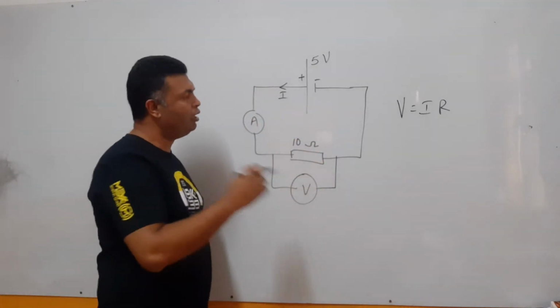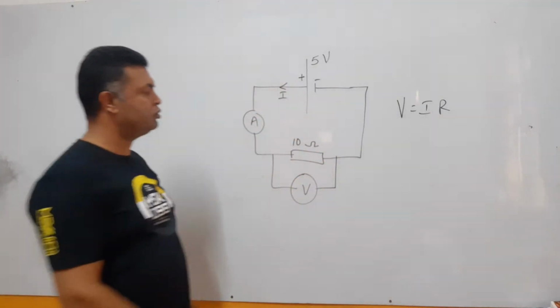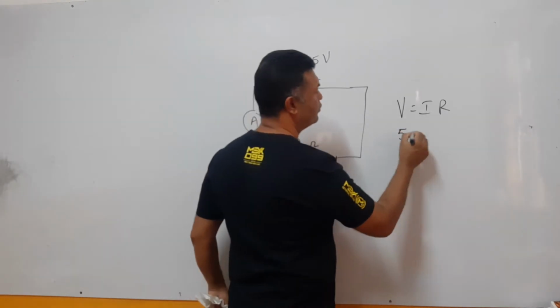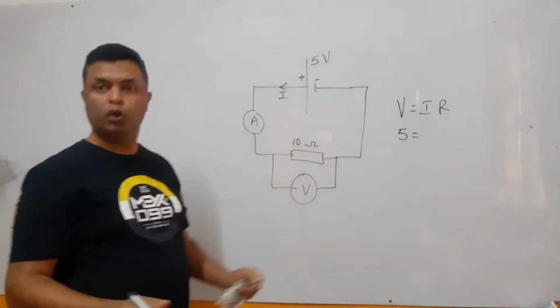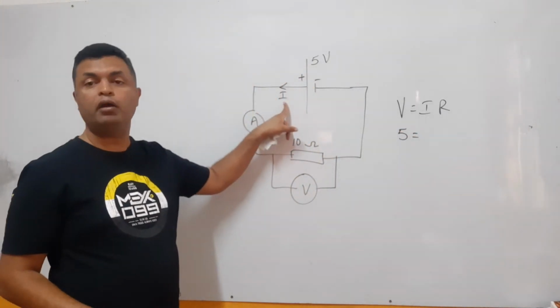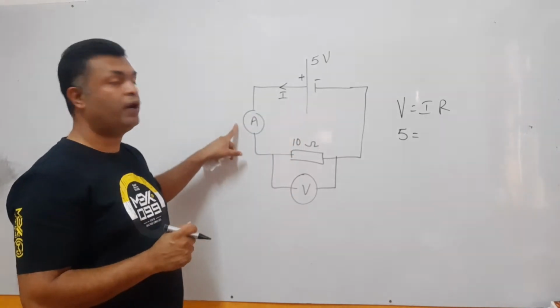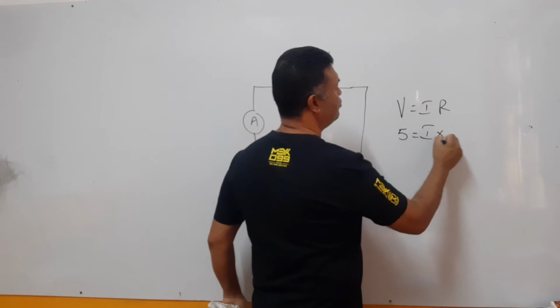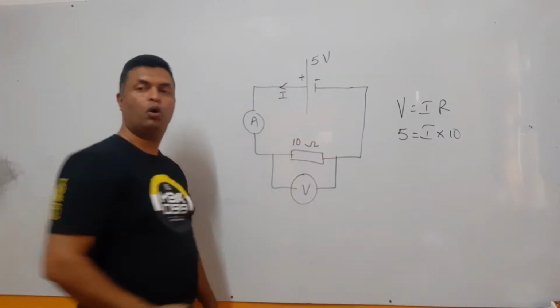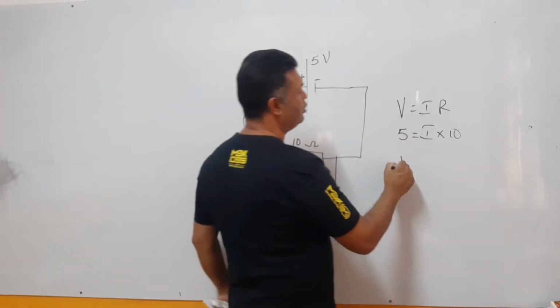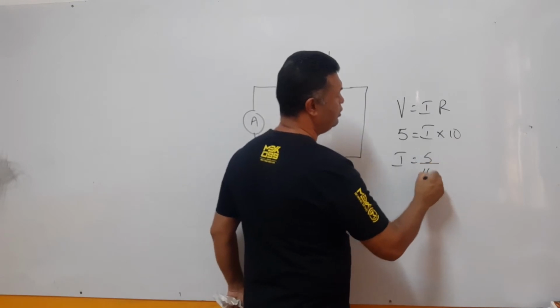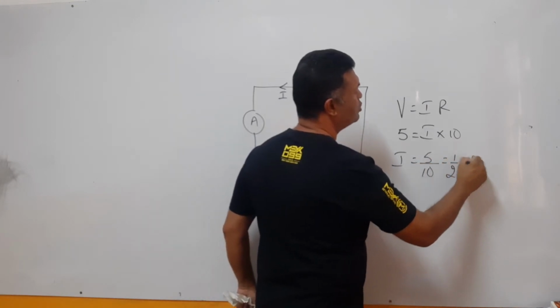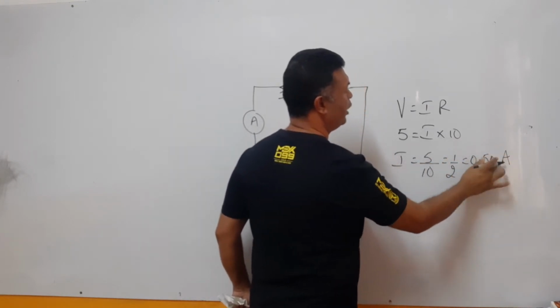The voltage is 5 volts. The current, I don't know. I have to calculate the current I, or the question can tell you to find the ammeter reading. So, you have I here, and the resistance is 10 ohm. When you calculate now, you will get I equal to 5 over 10 equal to half or 0.5 ampere.